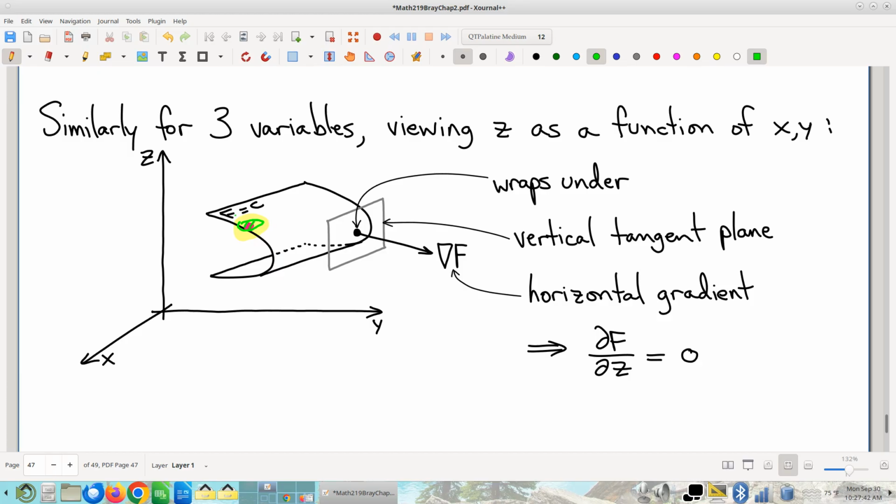This is the graph of some function. I can view z as a function of x and y here because you could imagine a little vertical line test happening. It only hits the green part of the surface, again, locally, being all that we care about. Every vertical line hits that green part of the surface once. No problem, no issue, all good.